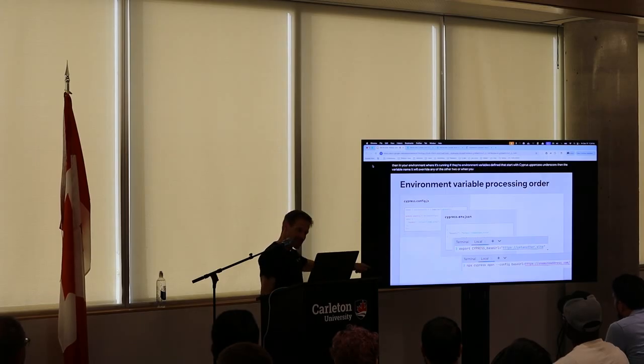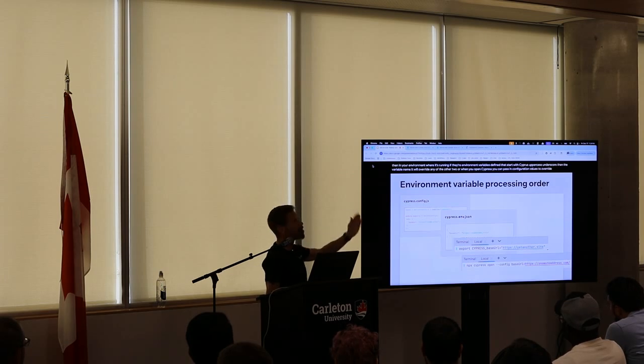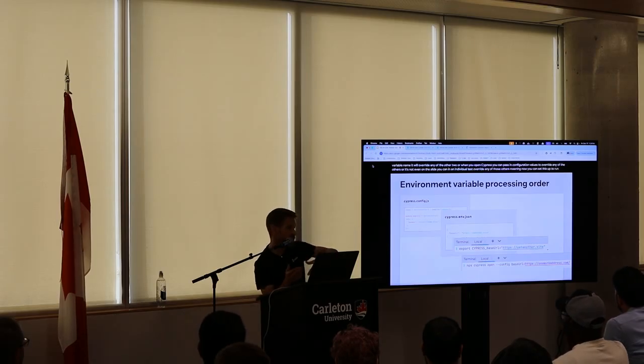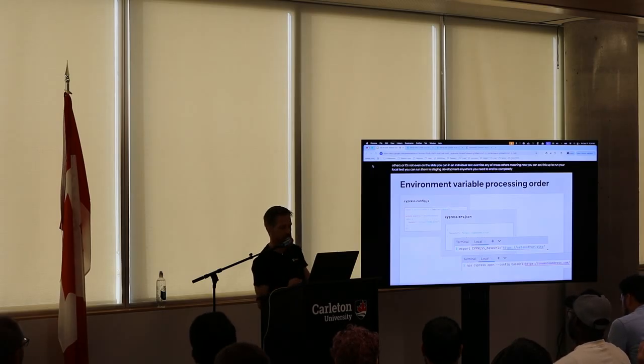Or when you open Cypress, you can pass in configuration values to override any of the others. Or, it's not even on the slide, you can in an individual test override any of those others. Meaning now you can set this up to run your local tests. You can run them in staging, development, anywhere you need to, and be completely agnostic.